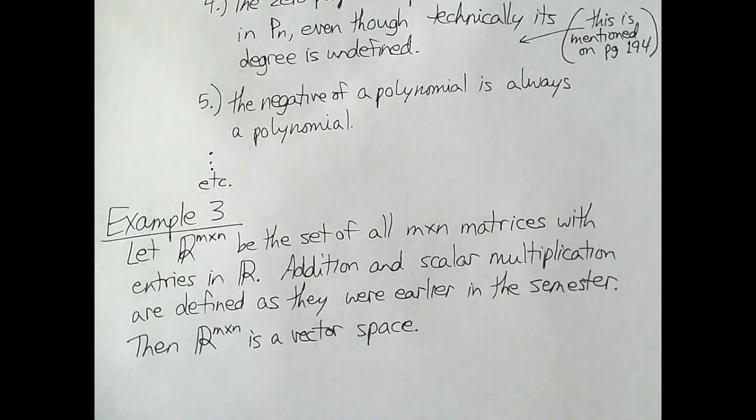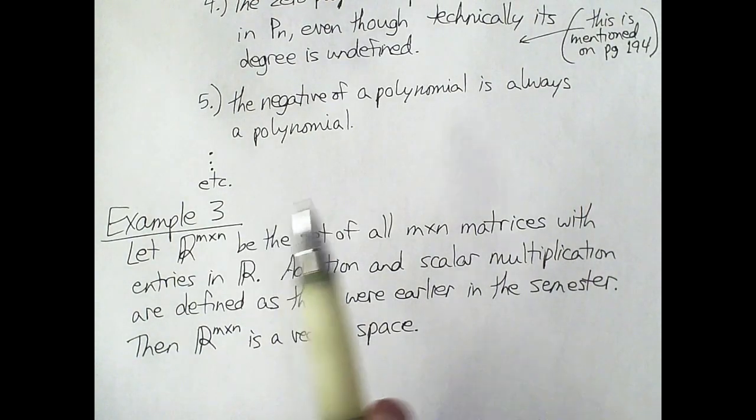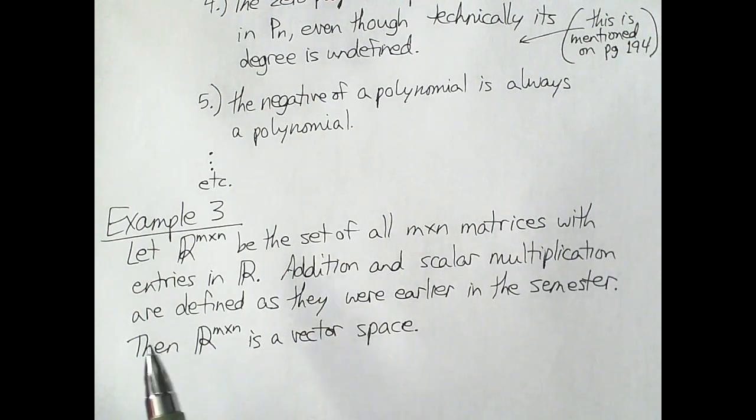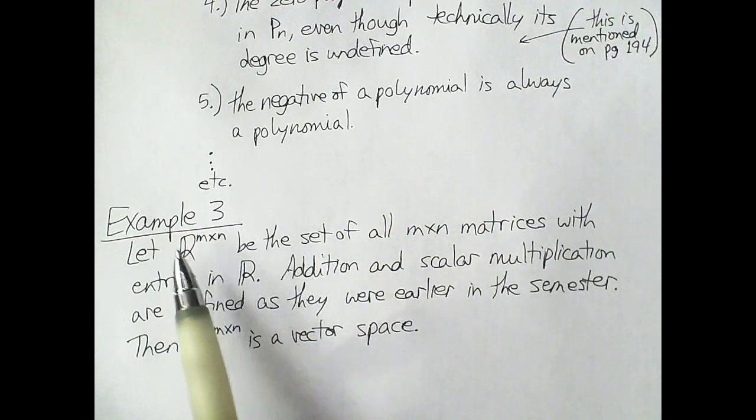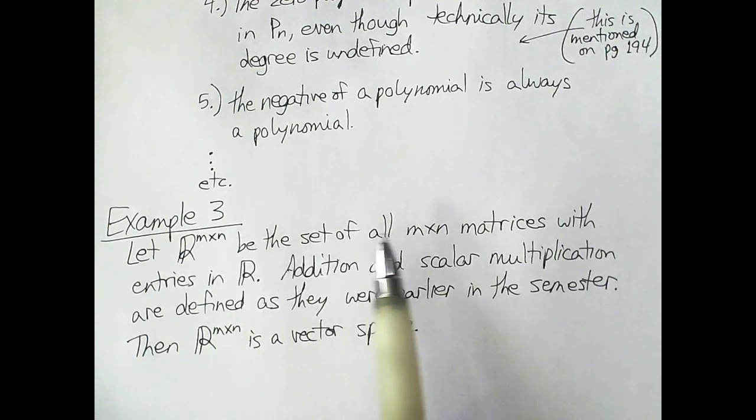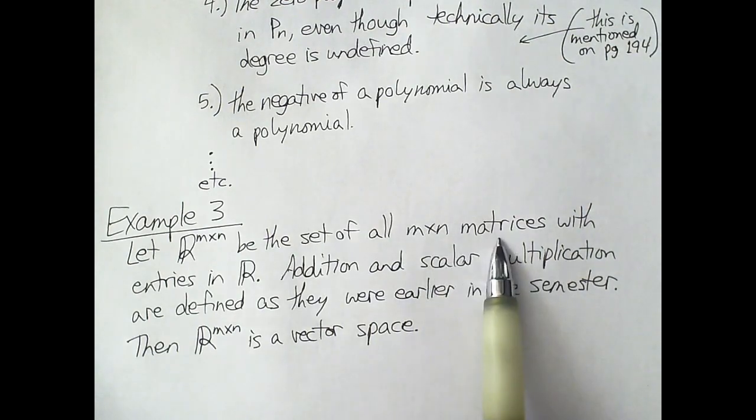Let's look at some of the properties in particular. Does property 10 work? So what is property 10 saying? It says 1 times a vector equals that vector. In this vector space, what is a vector? A vector would be an object in this set. So in this space, a vector is an m by n matrix.